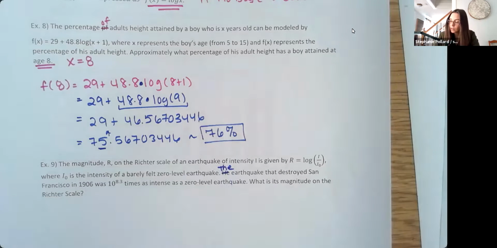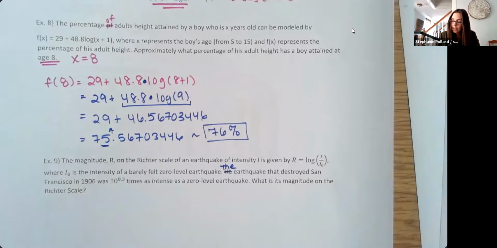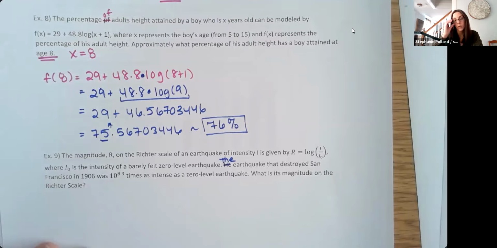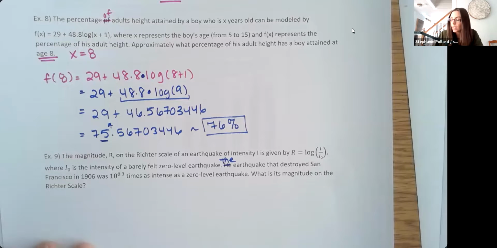The earthquake that destroyed San Francisco in 1906 was 10 to the 8.3 times as intense as a zero level earthquake. What is the magnitude on the Richter scale? So that scaling for earthquakes is actually another application of the common log. And there's no base here, so you're assuming that it is base 10.